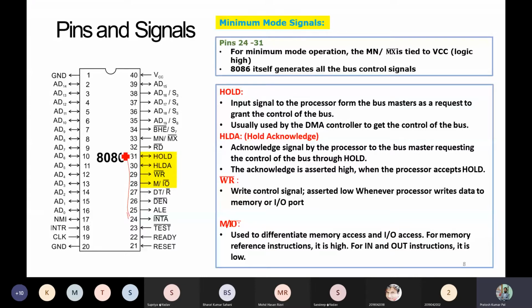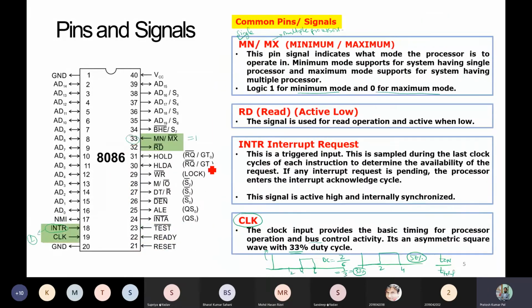If the processor is working as a minimum mode processor, then pins 24 to 31 will be activated, and the 8086 itself generates all the bus control signals. So if it is working in minimum mode, this will be the role of the pins.